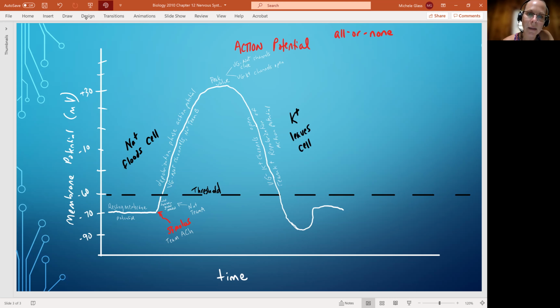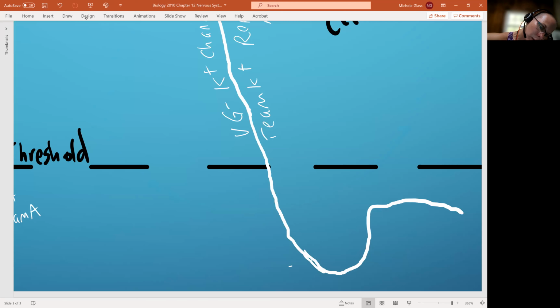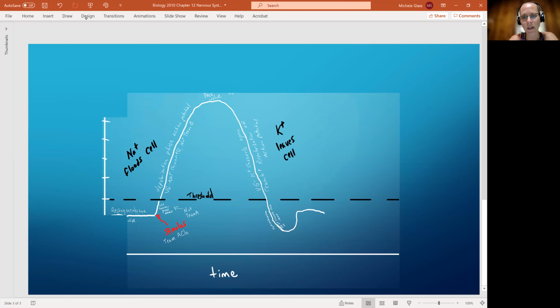When we get to that hyperpolarization, this is because the voltage-gated potassium channels don't close until negative 90 millivolts. So we're getting that potassium leaving during that whole hyperpolarization phase.